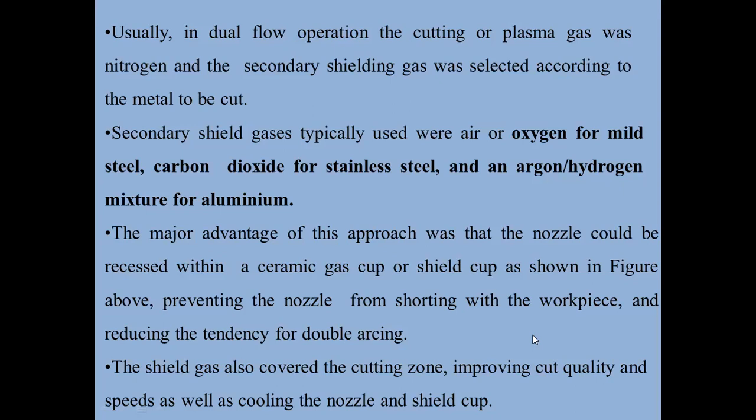So now only the arc will be generated at the pilot ignition location where the electrode and the nozzle is going to be in the first circuit of the power supply, and further that arc transfer takes place. So the shield gas also covered the cutting zone, improving cut quality and speeds, as well as cooling the nozzle and shield cup.